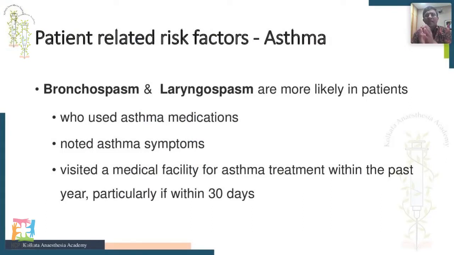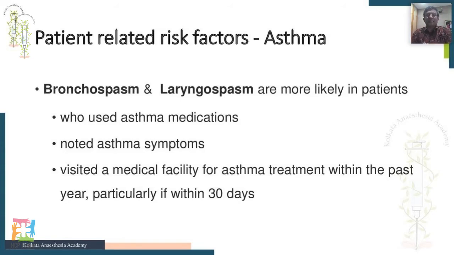The risk, as we have identified, is bronchospasm and laryngospasm in asthmatic patients. But do they occur uniformly through all of them? It has been figured out that it is more likely to happen if they use asthma medications, and I think we missed it on this, possibly greater than 1, so 2 or more.